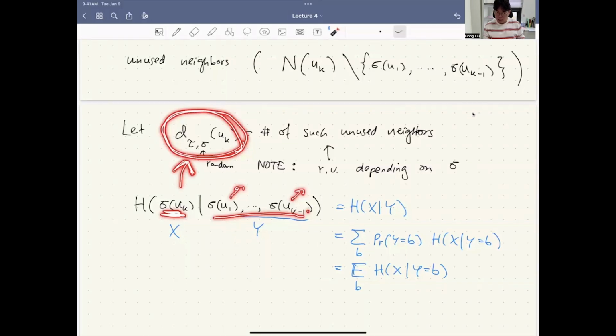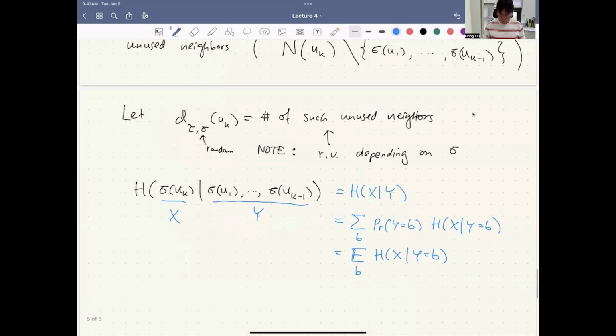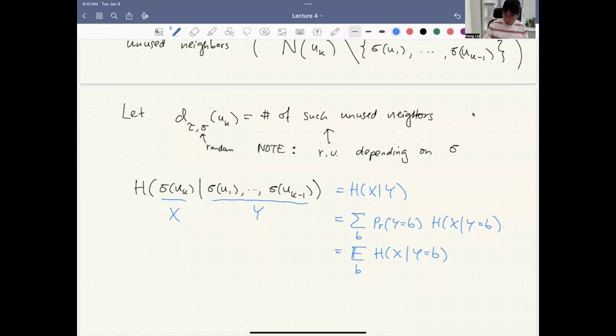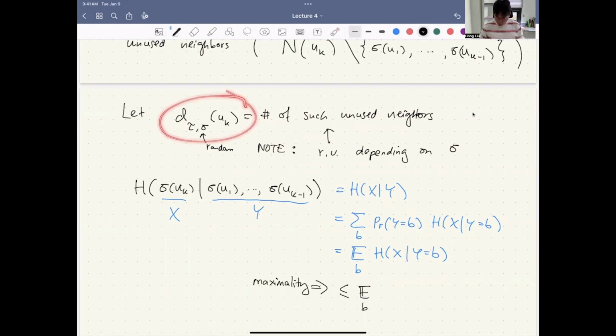By maximality, it's at most this. And X takes value here, so it's log of the range, which is d tau sigma UK.